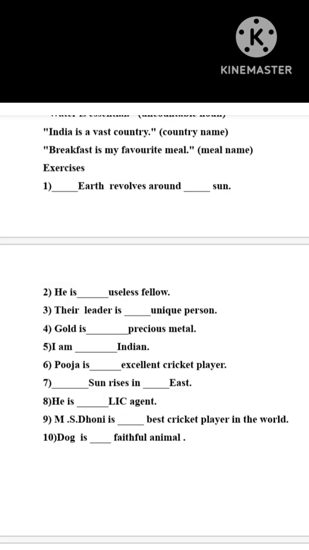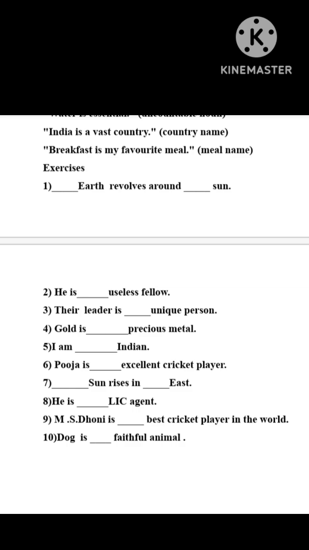And the exercises, let's start. Dash earth revolves around dash sun. He is dash useless fellow. Their leader is dash unique person. Gold is dash precious metal.